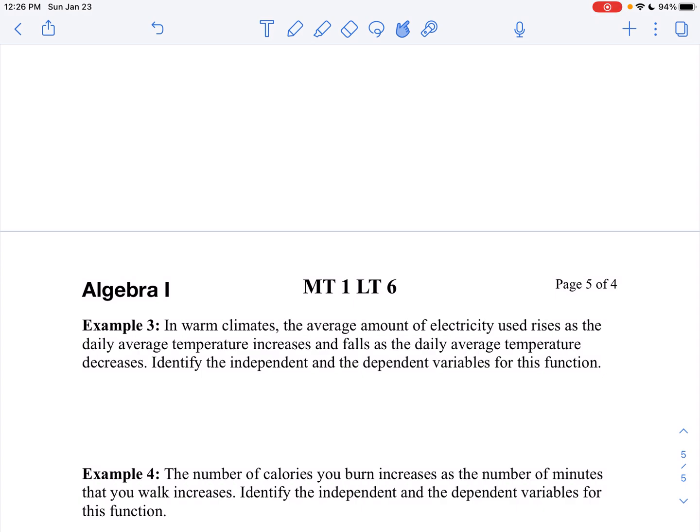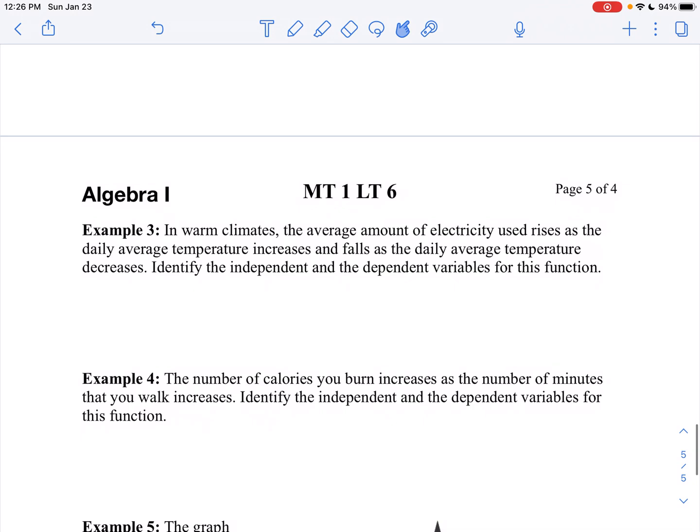So if I look at this question here, it says in warmer climates, the average amount of electricity used rises as the average daily temperature increases and falls as the daily temperature decreases. So in other words, I'm going to say the electricity used depends on the temperature.